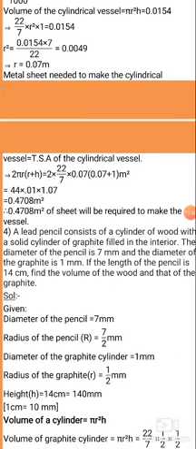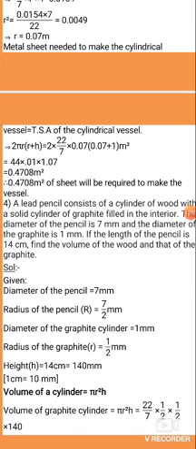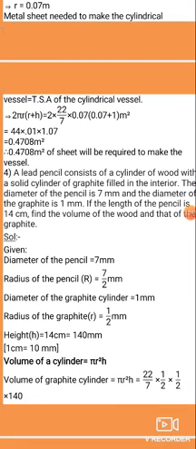Now the volume of the graphite cylinder is equal to pi r square h. So the graphite volume is pi 22 by 7, into radius 1 by 2, into 1 by 2, into h which is 140. So 7 and 140 cancel, 22 and 22 cancel.